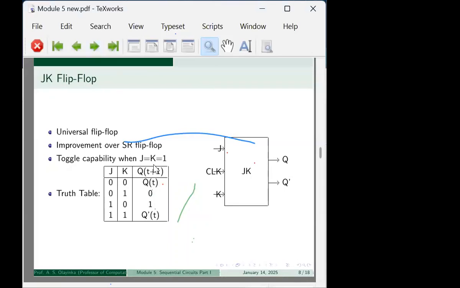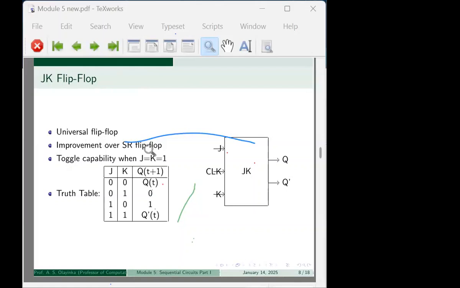Let's look at JK flip-flop. In the case of JK flip-flop, it is an improvement over what you have as SR flip-flop. It's a universal flip-flop, of course.